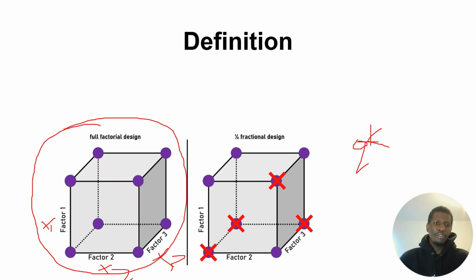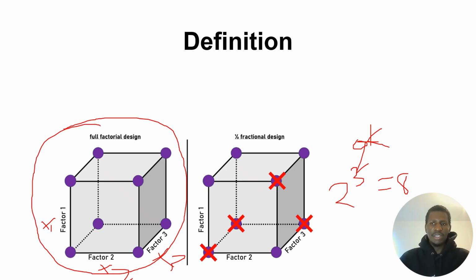Here you have three factors, x1, x2, x3. So it means that k is equal to 3. And if you are considering two levels, it means that q will be equal to 2. So we'll be having 2 raised to the power 3 experiments, which equals 8. So this is a typical full factorial design with 3 factors at 2 levels.